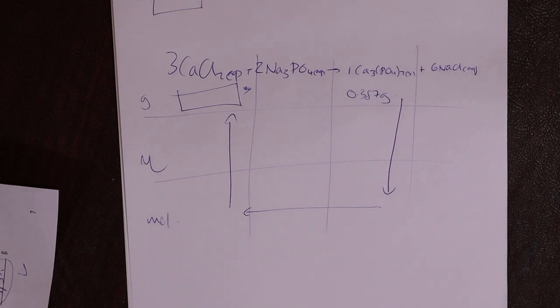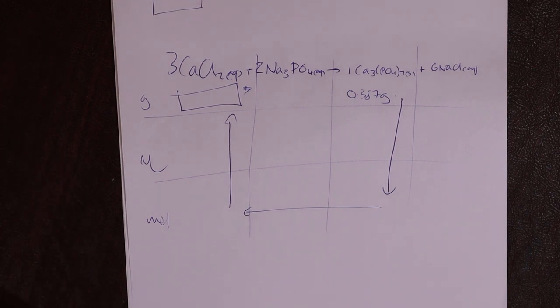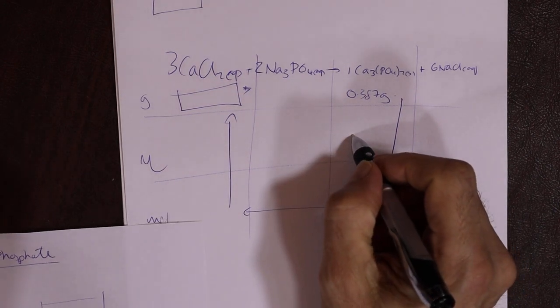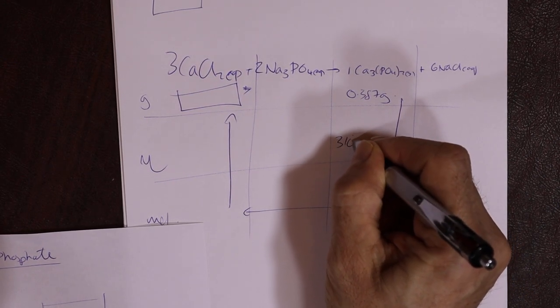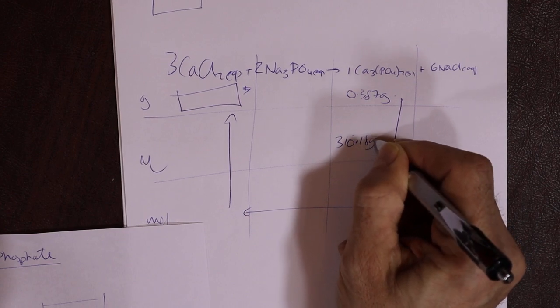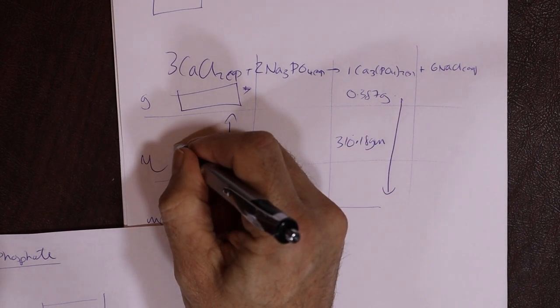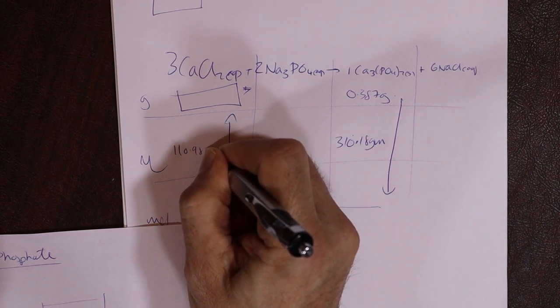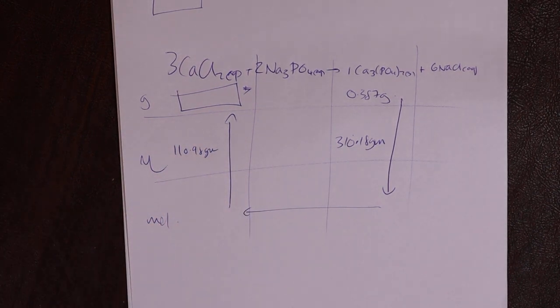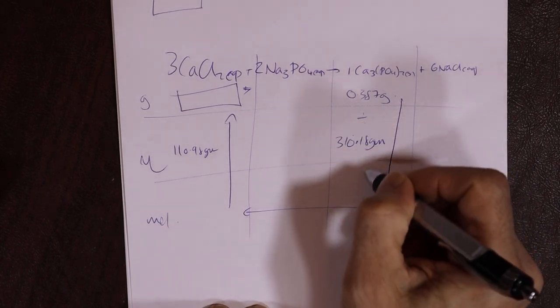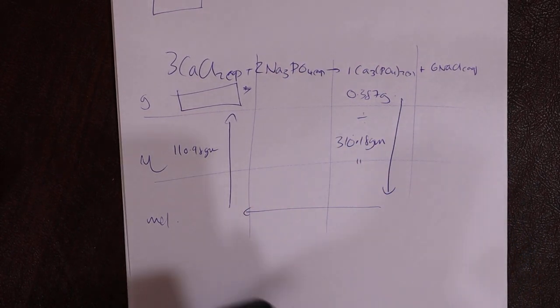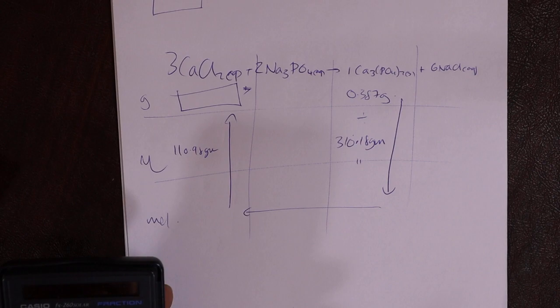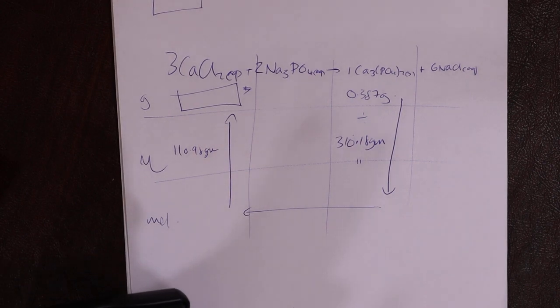And then we'll fill in the rest. The molecular weights are the same as before. And then we just work it through. So this is our direction. Divide to go down. Again, your numbers are different, so just work it through with your numbers.